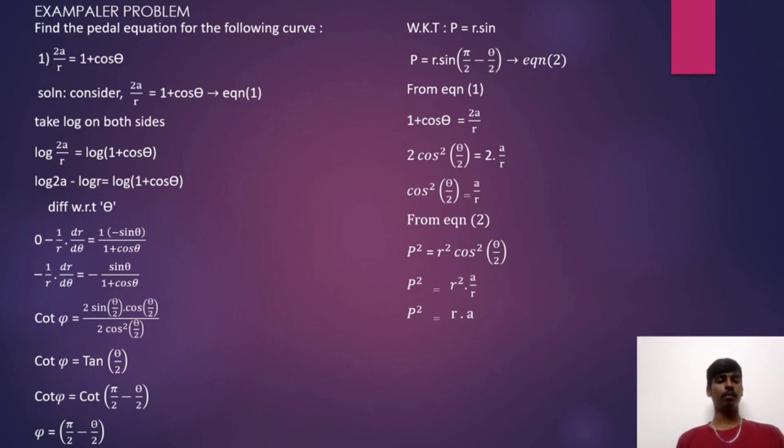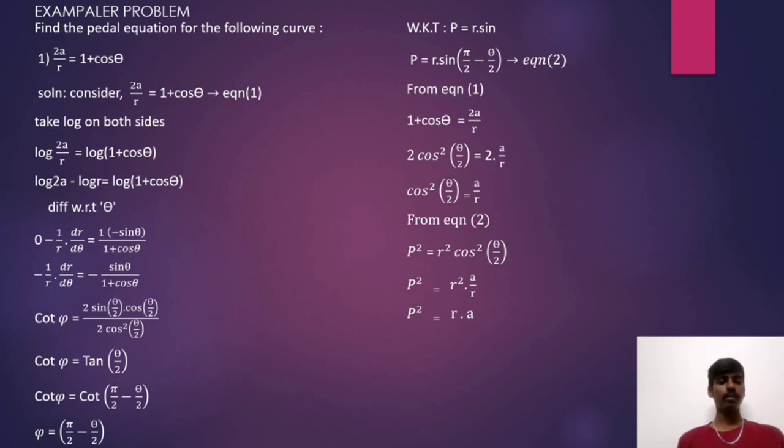Now minus 1 by r into dr by d theta is equal to minus sin theta by 1 plus cos theta.